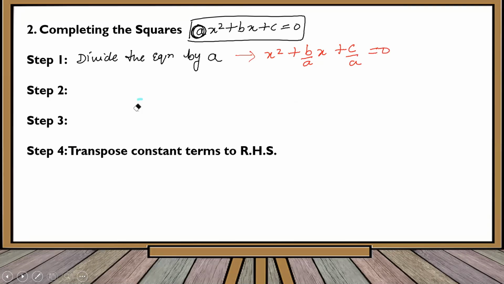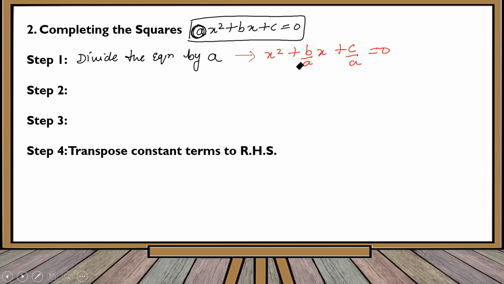Okay. Next particular step, step 2. So we have arrived over here after having the step 1. Step 2 says add. So what is over here? We have basically b upon a as coefficient of x.